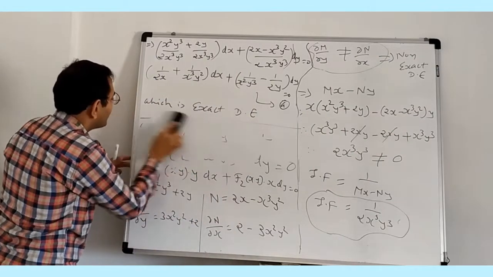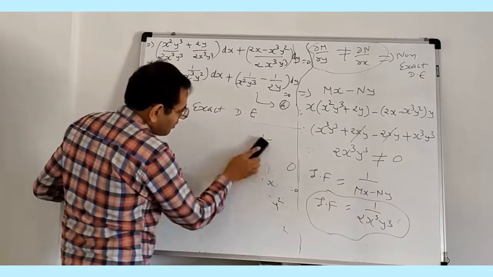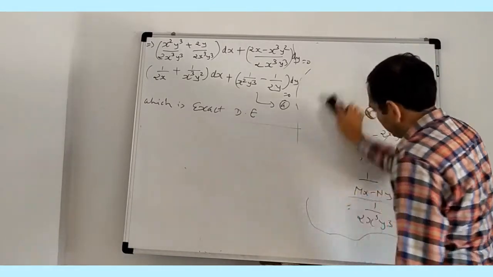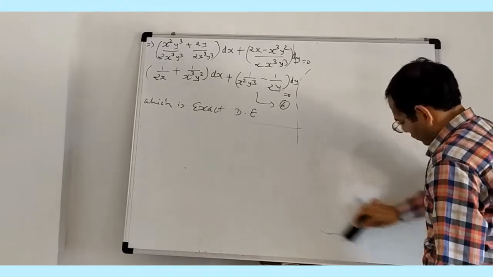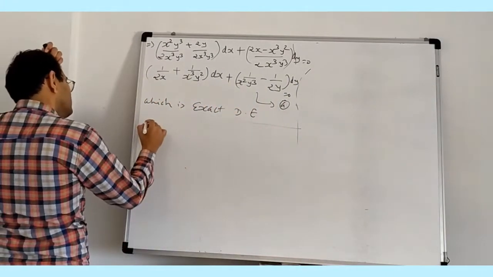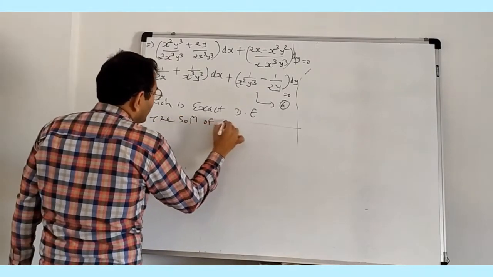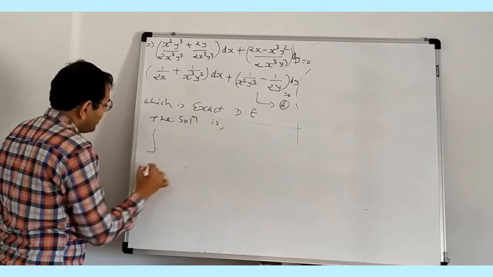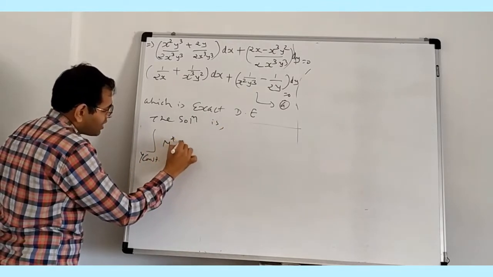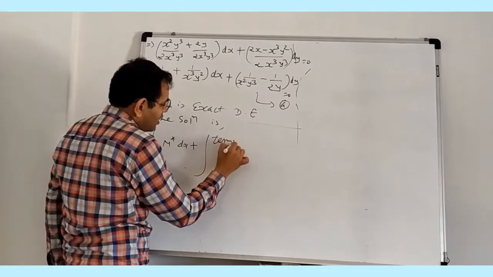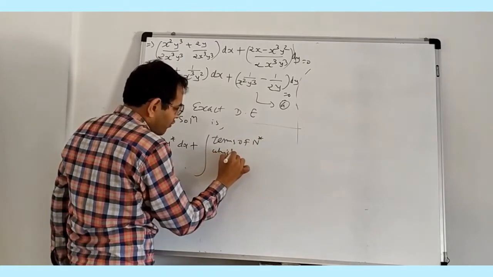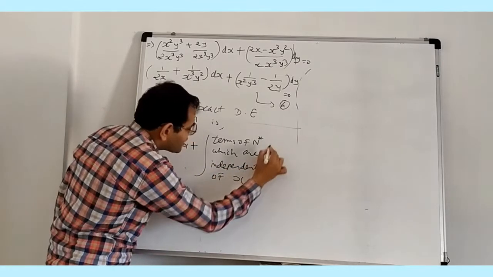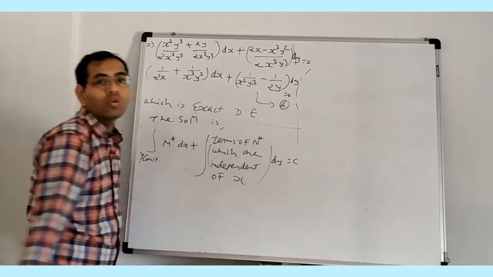Now the solution of that exact differential equation is the integral of M star dx, treating y as constant, plus terms of N star which are independent of x, dy equal to c.